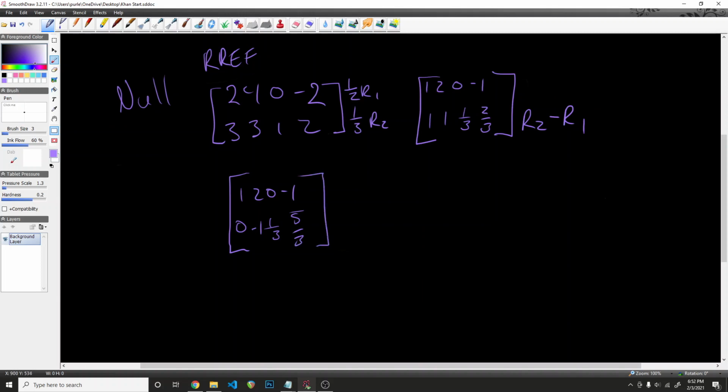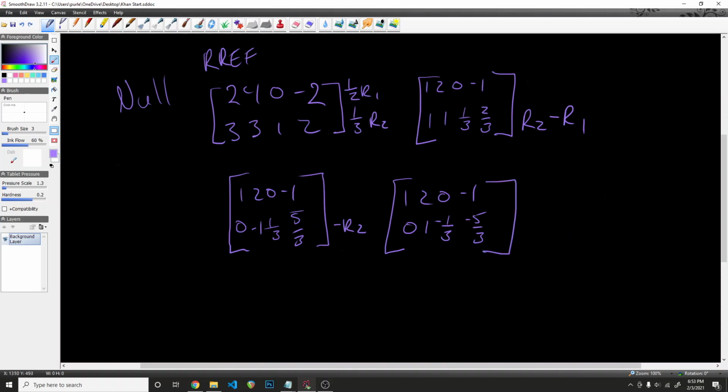And then after that, we can multiply this by -1. So 1, 2, 0, -1, 0, 1, -1 over 3, -5 over 3.